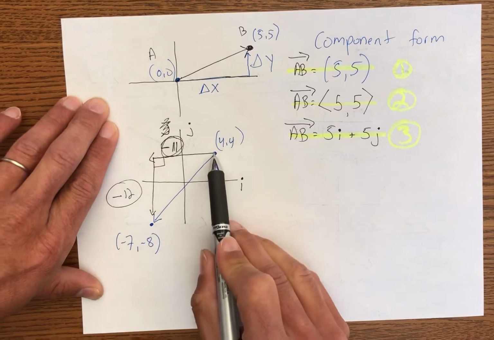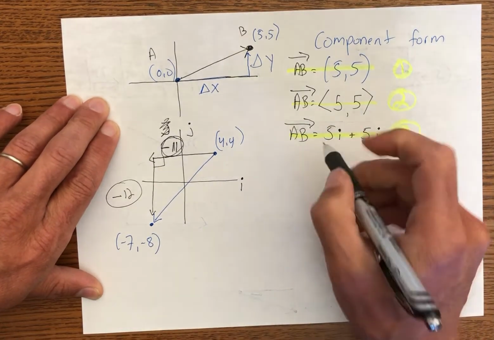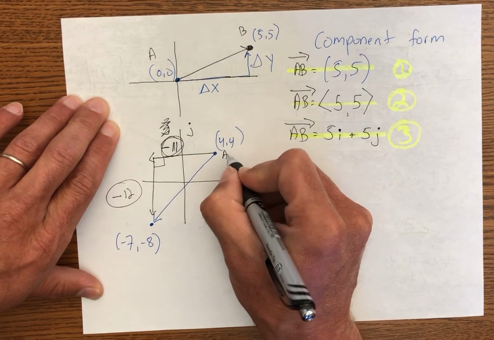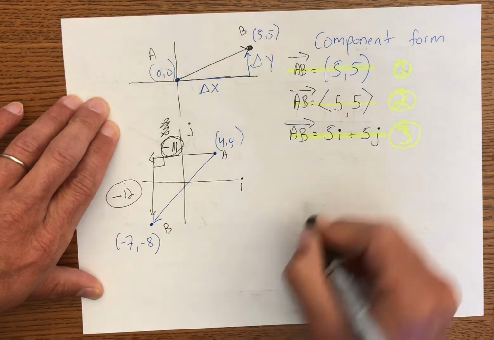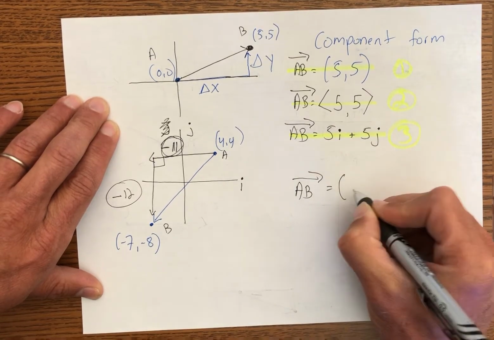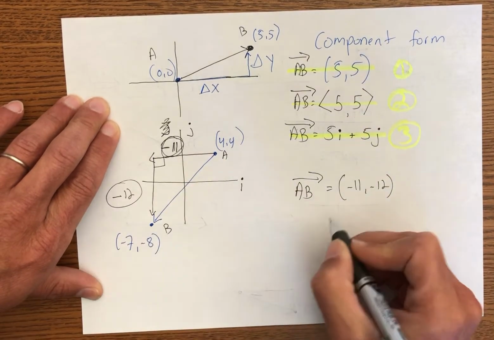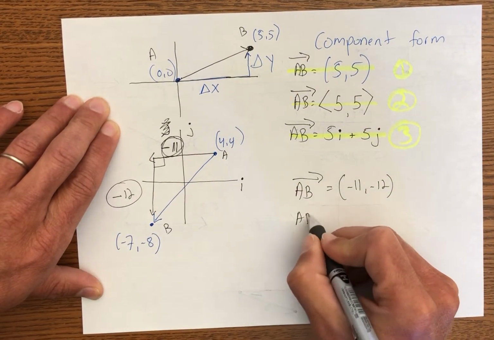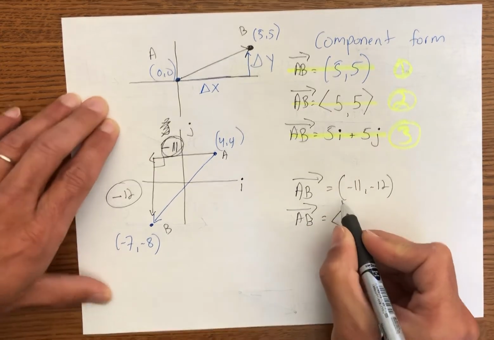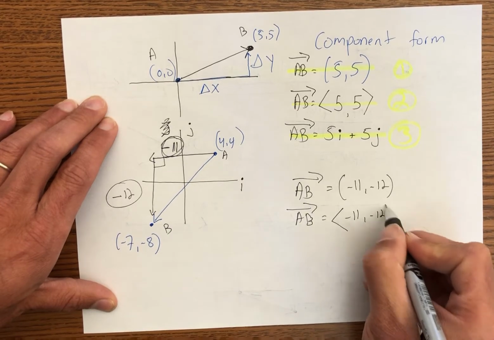So if they give you a vector in blue and they ask you to write it in component form, you can either write it like this. Let's just call this point A, and it's traveling to point B. We're going to call this vector AB. You can write it like this, -11, -12. That's how much it's traveled. Or, same thing, but instead of these parentheses, I can use these brackets, -11, -12.